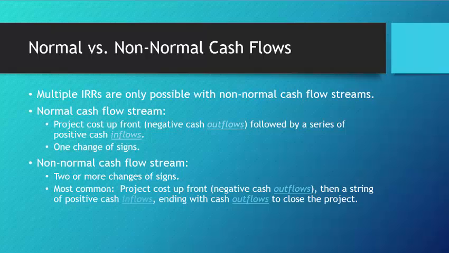Then there's a string of positive inflows, and then in the last time period you have to clean things up and clear things out, and therefore that last cash flow tends to be net negative. So we have a negative, a bunch of positives, and then a negative at the end. That's a non-conventional, non-normal cash flow stream and runs the risk of yielding more than one right IRR, which can ruin your whole day.